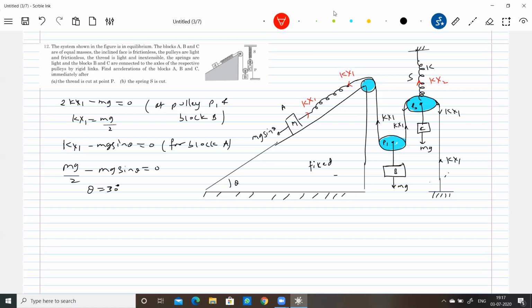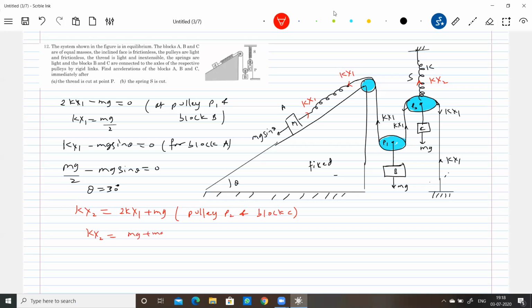What about kx2 from the diagram? kx2 should be equal to 2kx1 plus mg. This is for pulley P2 and block C. So kx2 is equal to how much? kx1 is equal to mg by 2, or 2kx1 is mg.